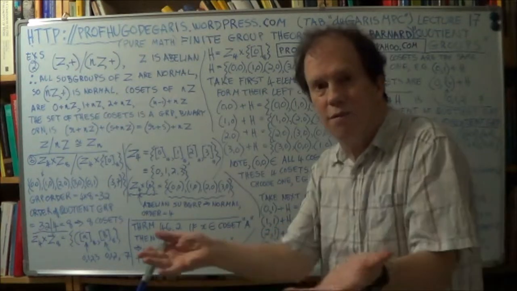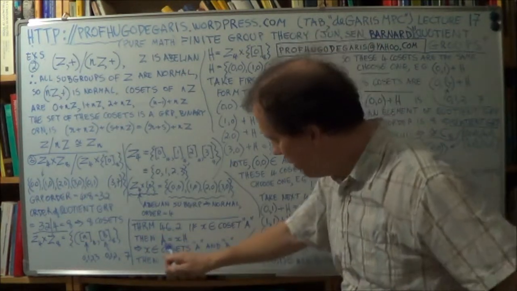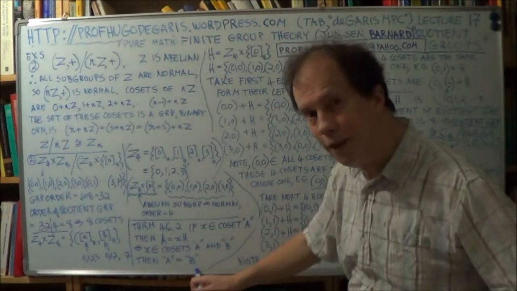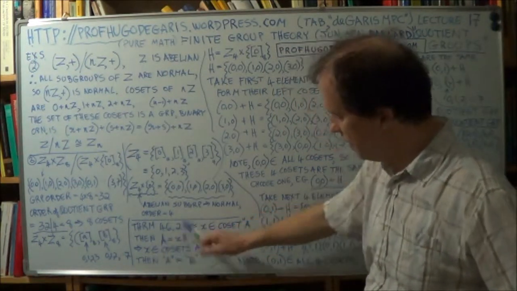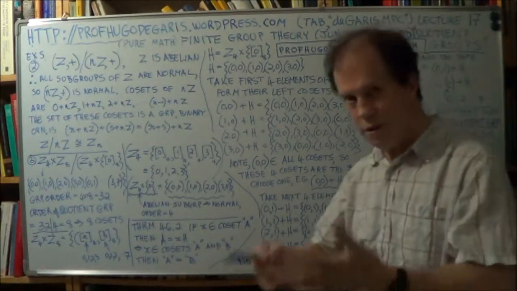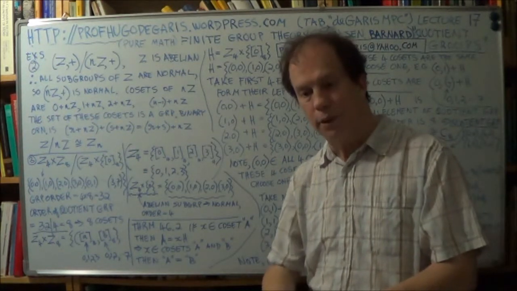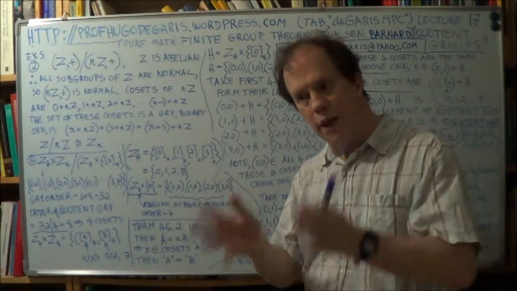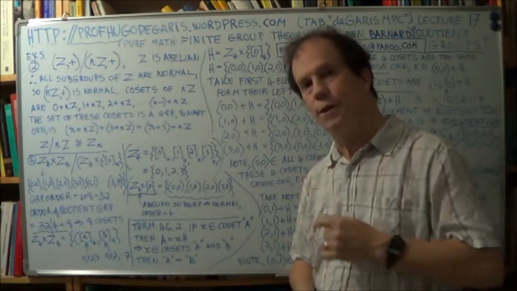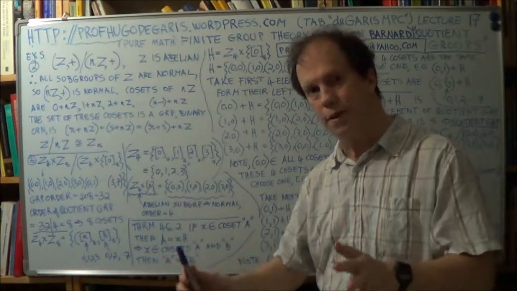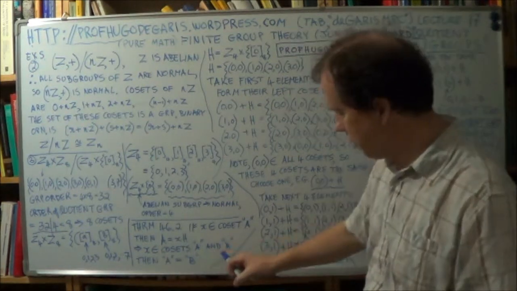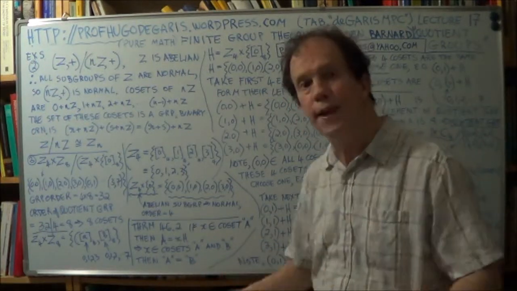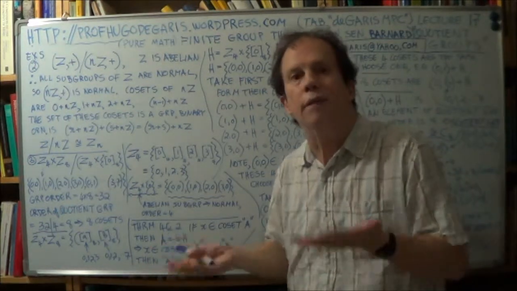Now XH are the same for both of them, therefore cosets A and B must be the same, right? In other words, if an element of big G belongs to two different cosets, like coset A, coset B, then these two cosets are the same. They have the same elements. They're the same coset. Right?